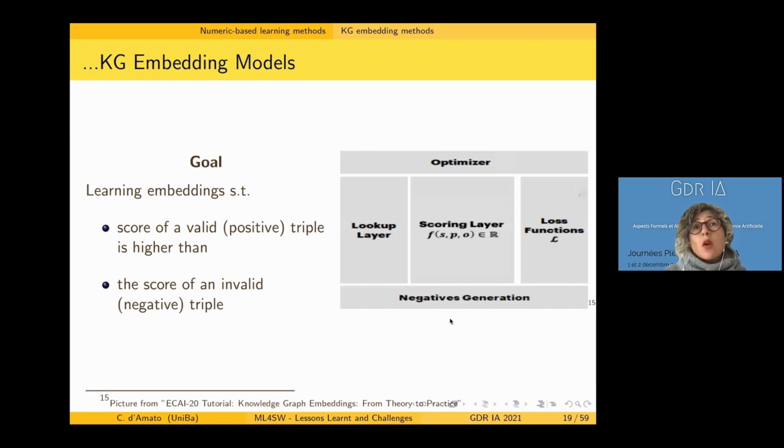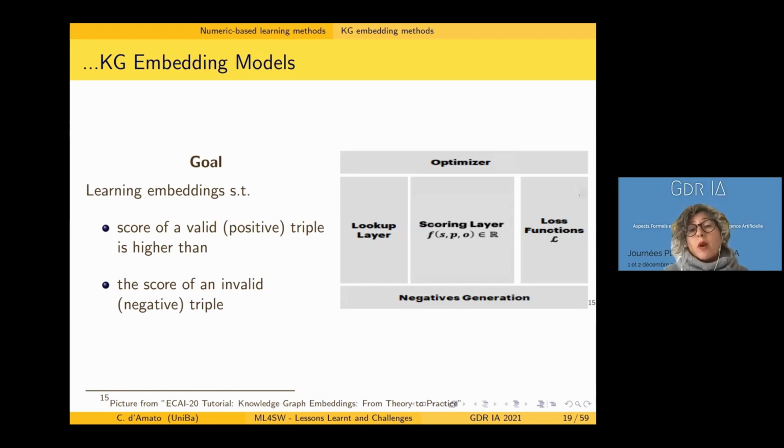And the goal of knowledge graph embedding methods is to learn embeddings, that are vectorial representations of the initial graph, such that the score of positive triples, also called valid triples, is higher than the score assigned to negative triples, also called invalid triples.